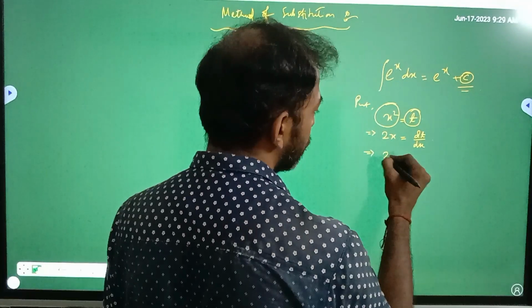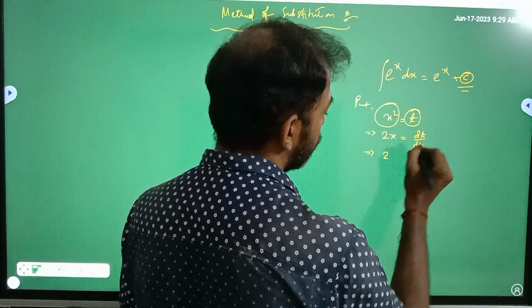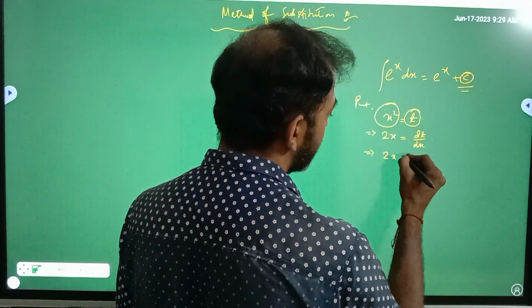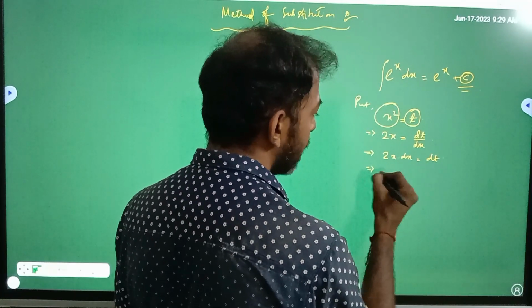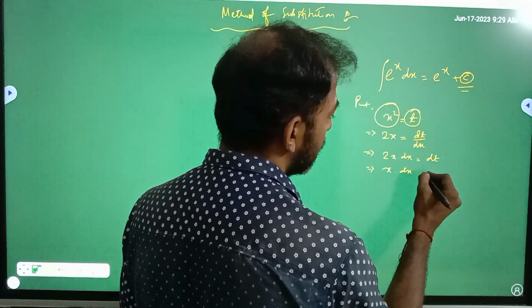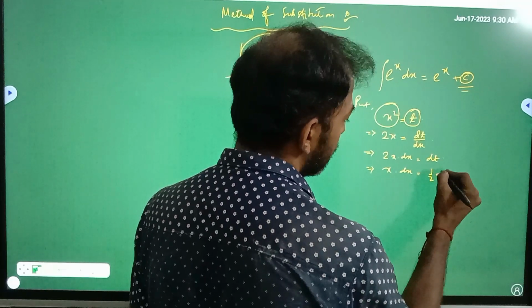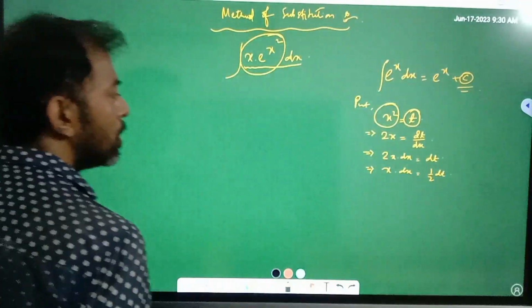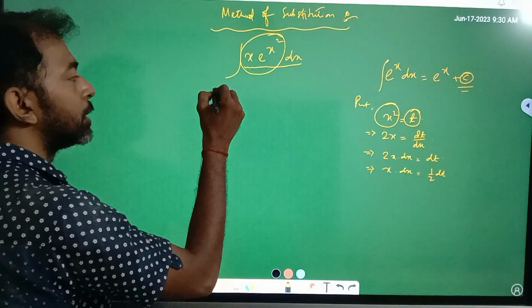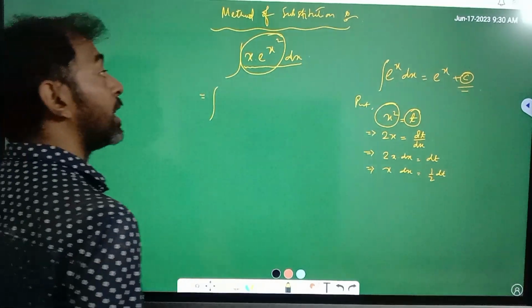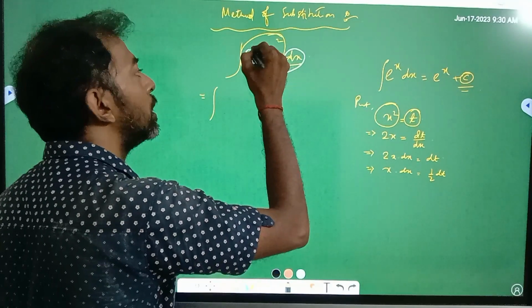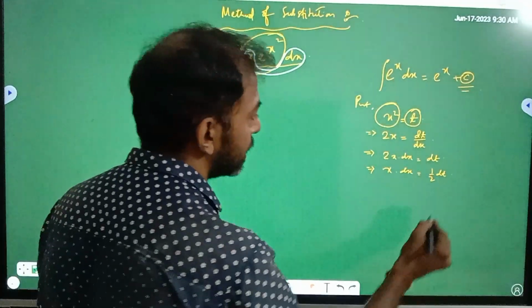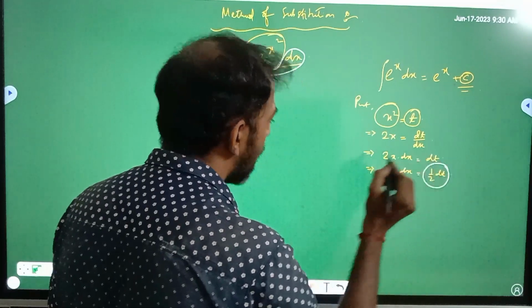If 2x equals dt by dx, then 2x dx is dt. Hence, x dx is half into dt.